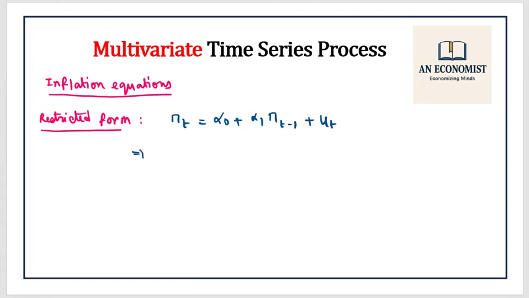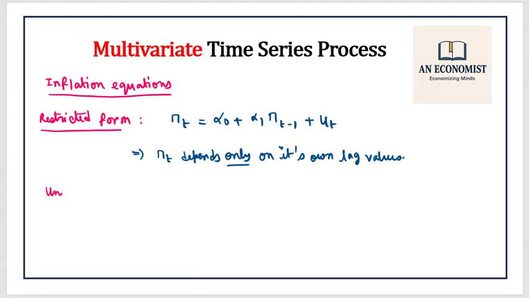So this basically means pi t, that is the inflation, depends only on its own lag values, which basically means that there is no Granger causality.